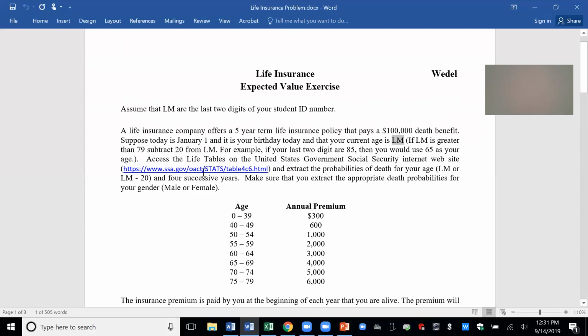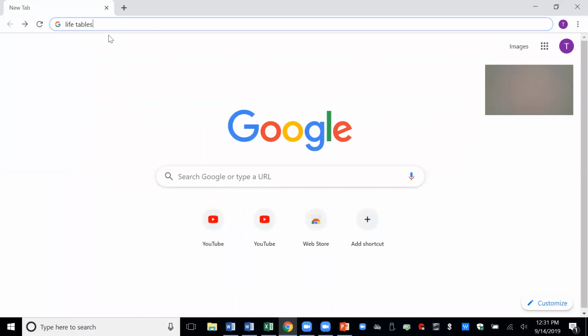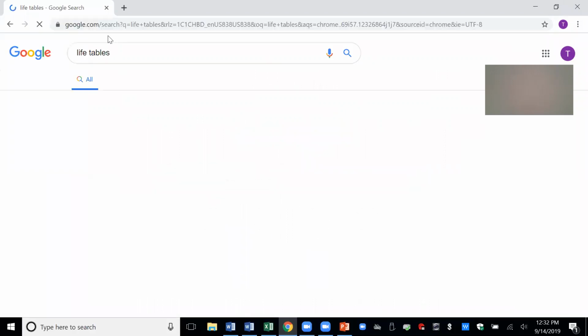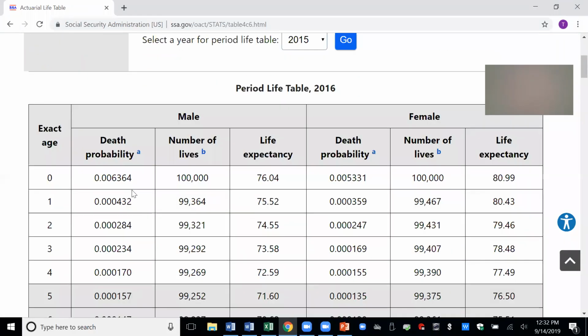And then we go over to this site. You actually don't need that. All you need to do is to go to your browser and click Life Tables, and then find the one for SSA, the Social Security Administration, and we get something here.